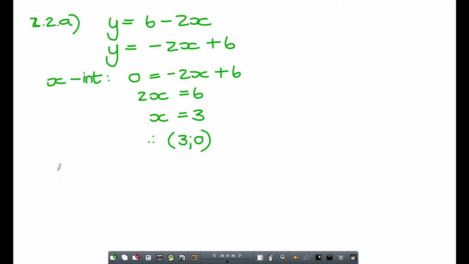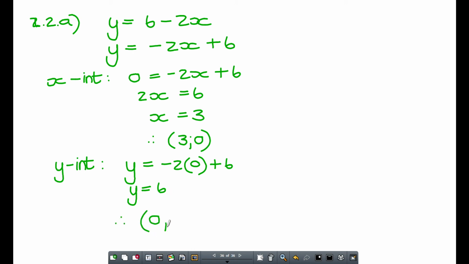And I'm going to talk about that just now because there is a shortcut, which you already noticed. Over here, I'm going to make x 0, so minus 2 times 0 plus 6, which means that y will be 6. So my coordinates, x is 0, y is 6.